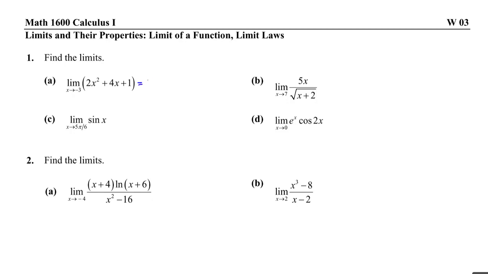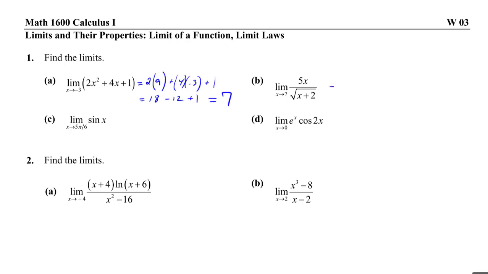All right, so that's 2 times negative 3 squared is 9, plus 4 times negative 3, plus 1, so we have 18, minus 12, plus 1, and so we get 7. Okay, that's it.